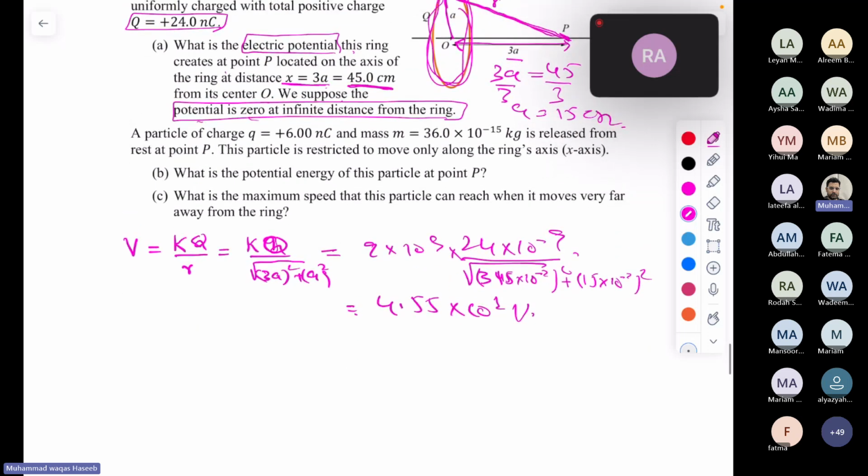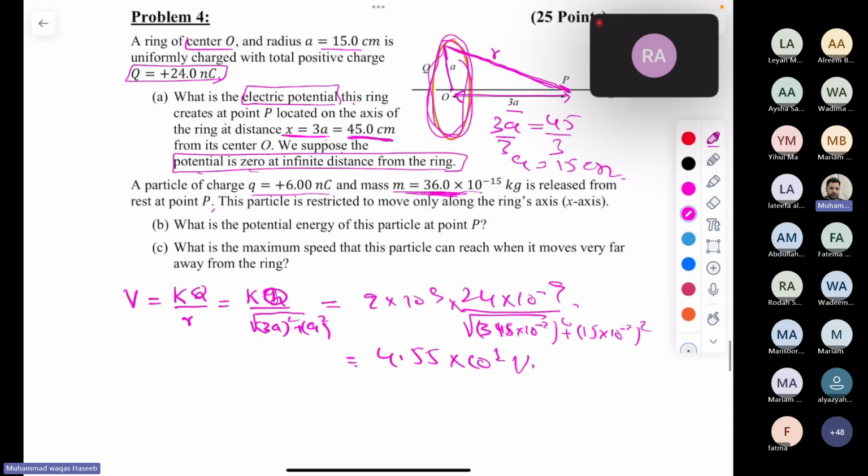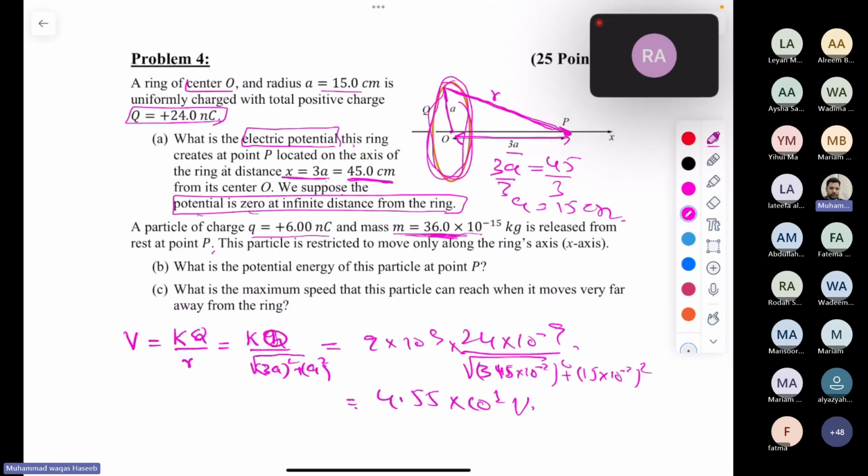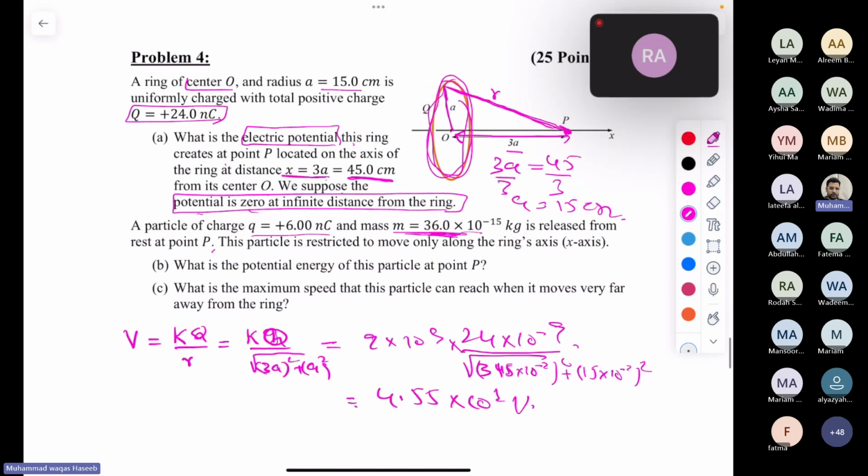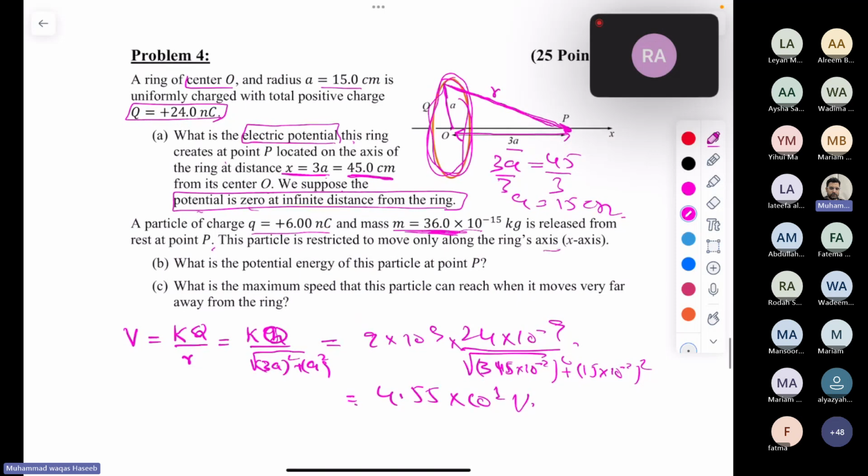Now for this question, a particle of charge Q and mass 10 to the power minus 15 kilogram is released from the point P. So if a mass is released at this point, the particle is restricted to move along the ring axis.